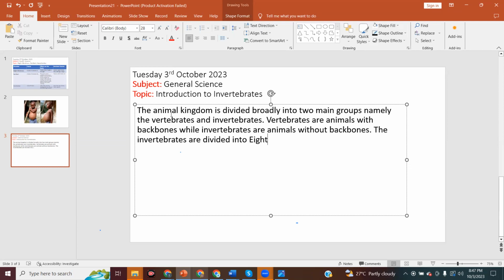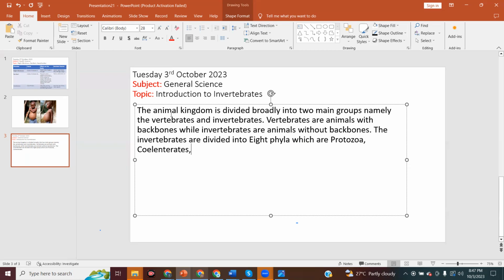Eight phyla. Namely, which are, we have protozoa. So that is the single-cell ones. We have the coelenterates. That's like your jellyfish and stuff like that.